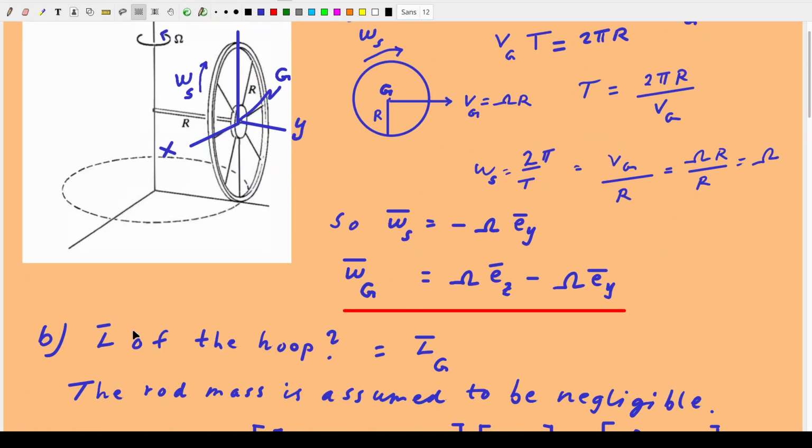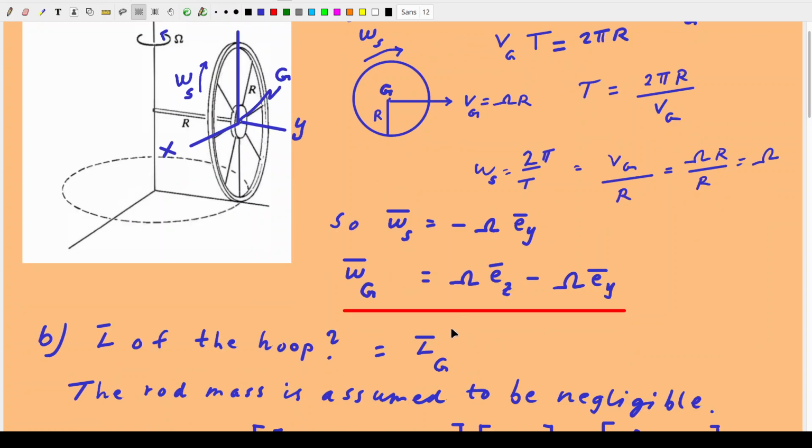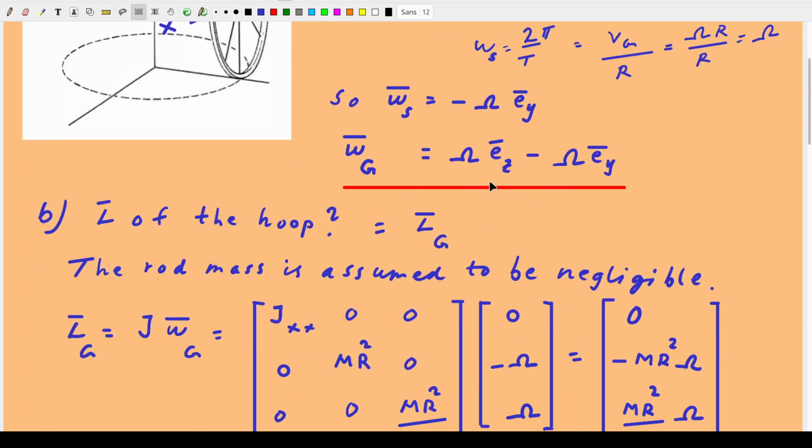Let's now turn to the next exercise, B. What is the angular momentum of the hoop? When someone asks that question, it means the angular momentum with respect to the center of mass point, L_G.